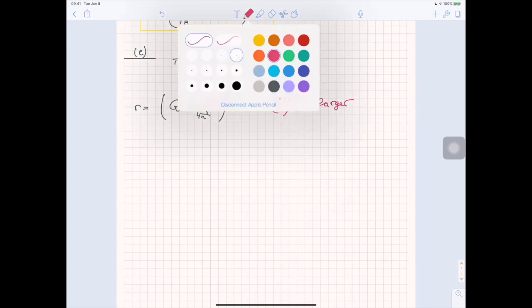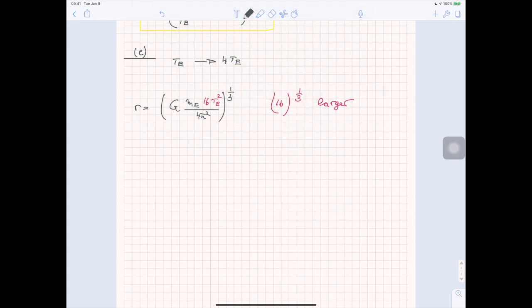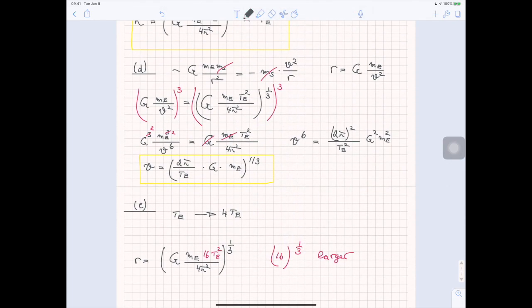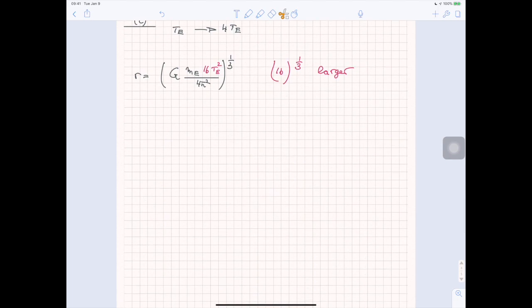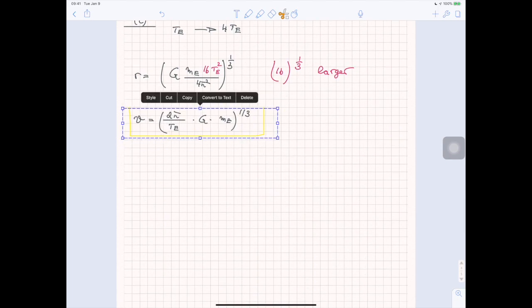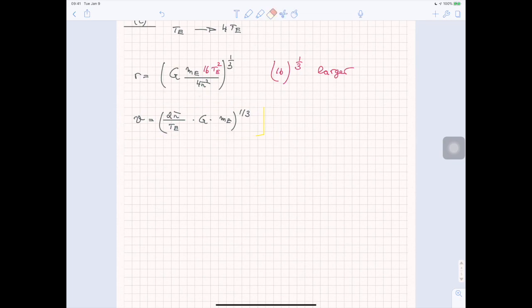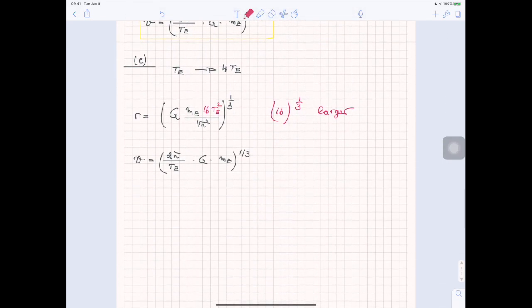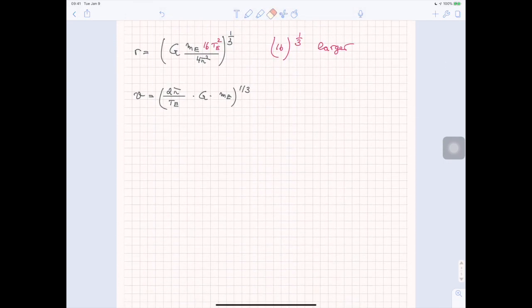And for the velocity, let's copy this here as well. In this case, we would not have Te, but 4Te.